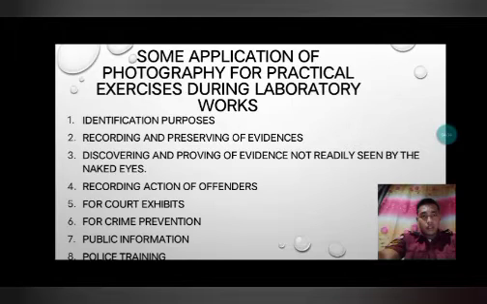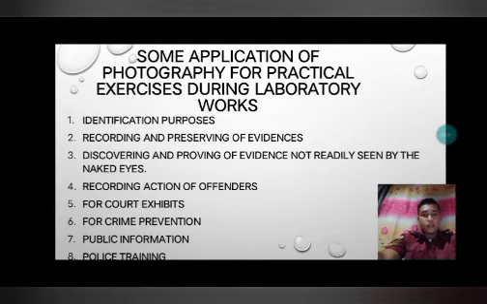Number 3, discovering and proving of evidence not readily seen by the naked eye. This relates to place and time, and includes not only details of how they discovered the item but also the circumstances to illustrate the crime. So that's the discovering and proving of evidence.